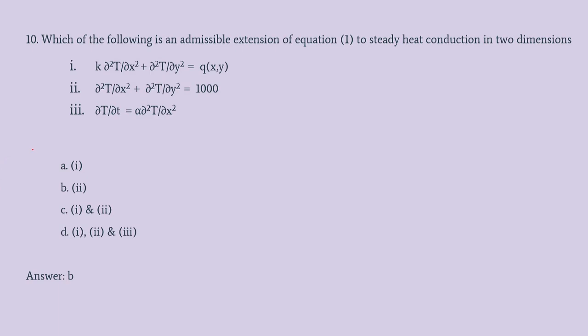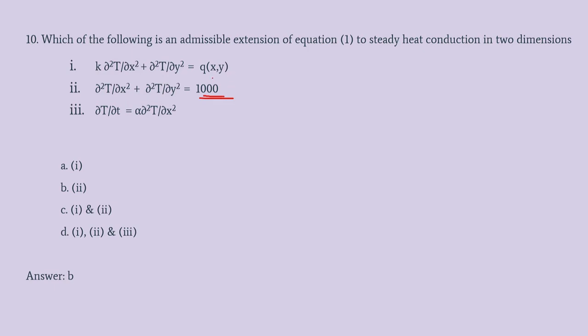So here, if you want to solve the equation in two dimensions without a transient term, the time varying term, we should get a constant term on the right hand side.